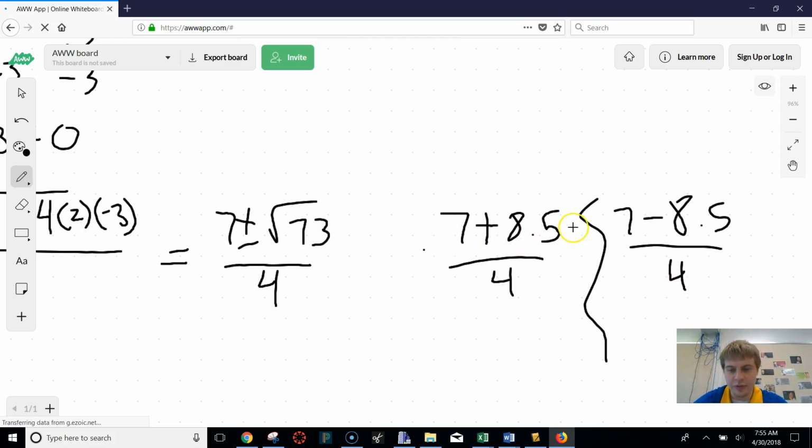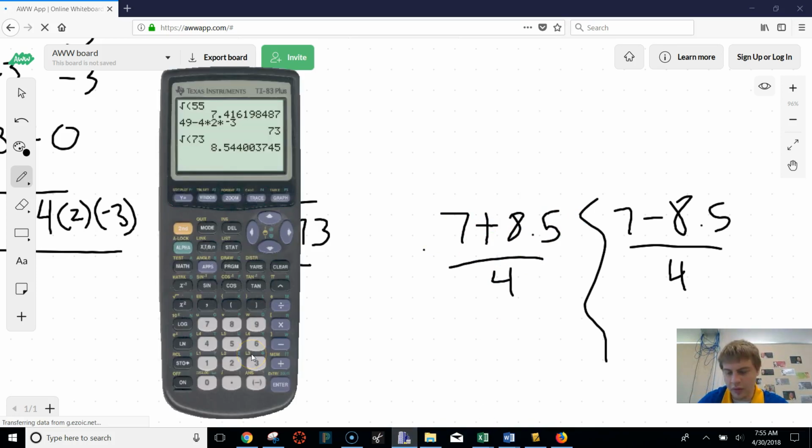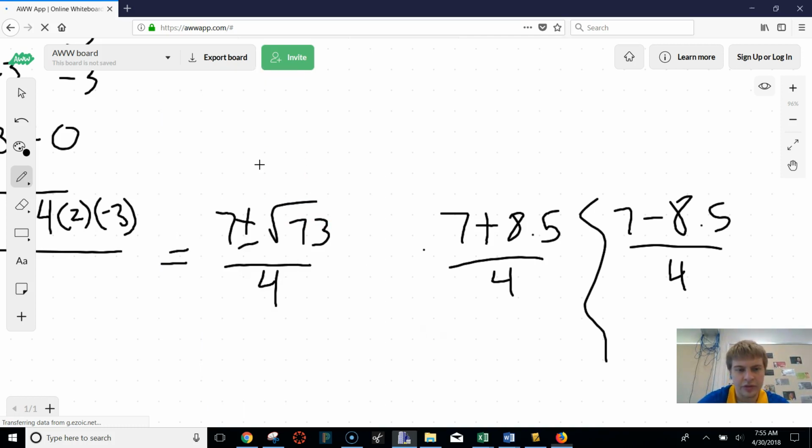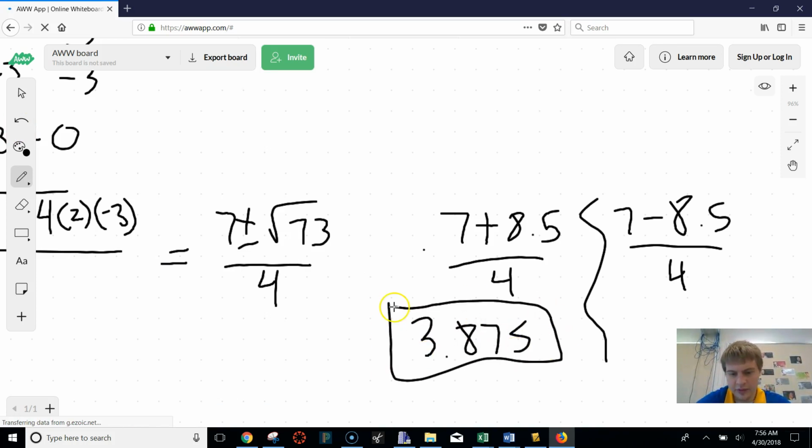Well, 7 plus 8.5 would be 15.5. So again, you can add the top first and get that answer, and then divide it by the bottom. So that's around 3.9, or we could even write it, if we wanted to, as 3.875. That is one of my answers.